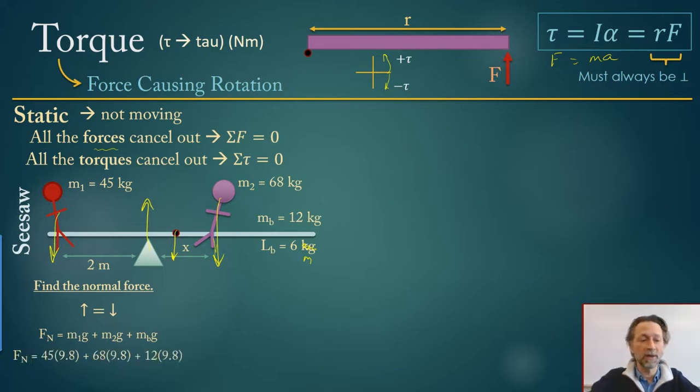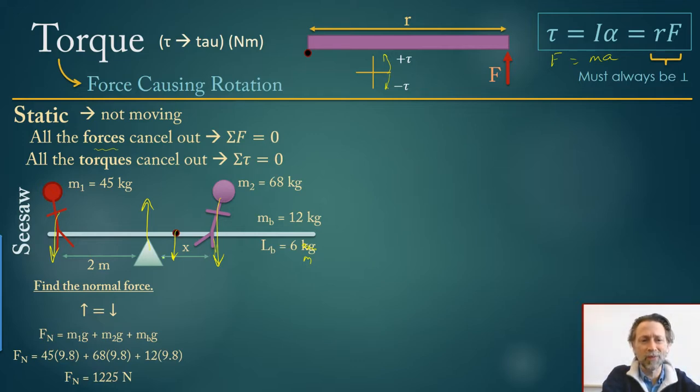So we plug those values in: 45 times 9.8, 68 times 9.8, and 12 times 9.8, and all of those have to equal the normal force, which would be 1,225 newtons.